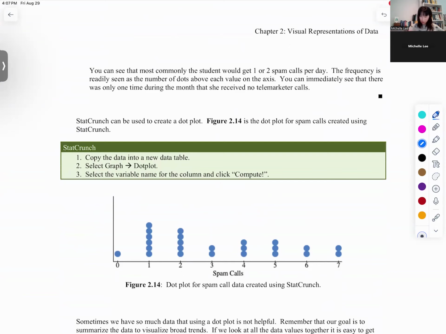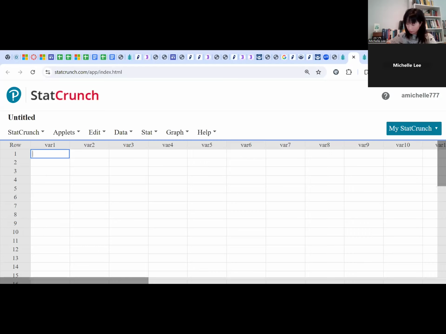They say that we can copy and paste, but I don't think we can, so since the data set is small, we can just type. Open StatCrunch.